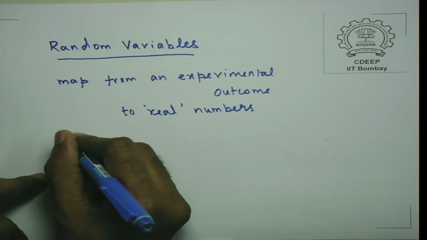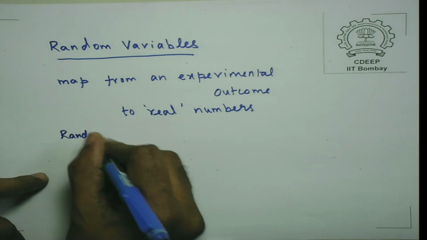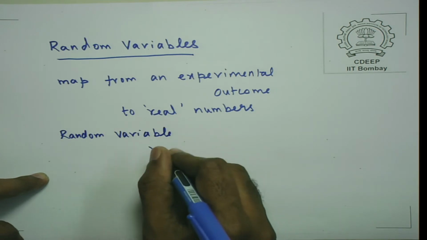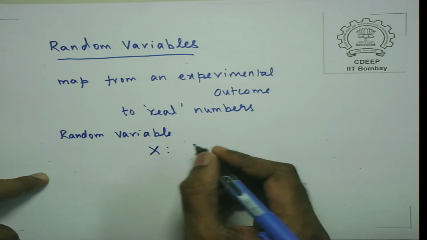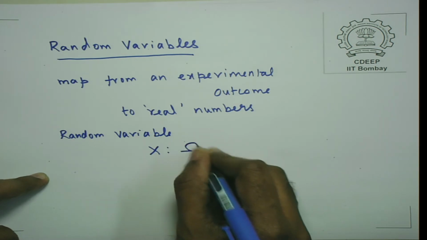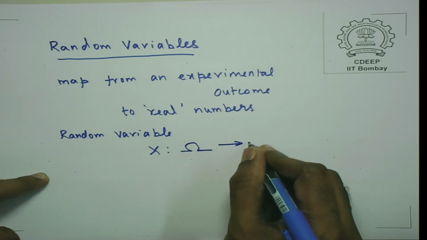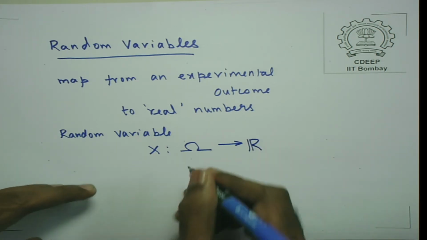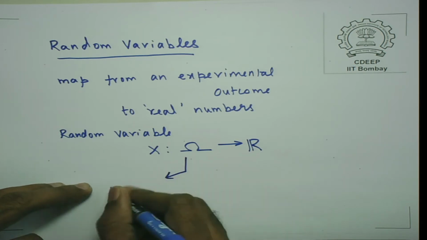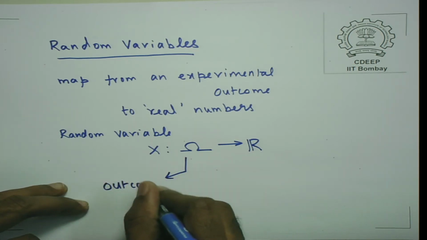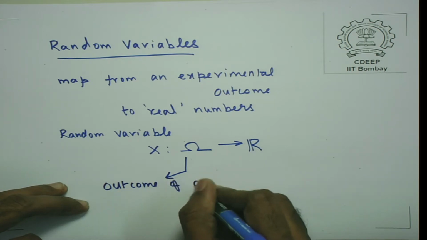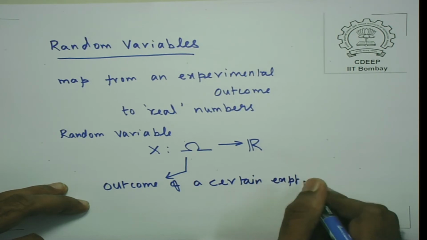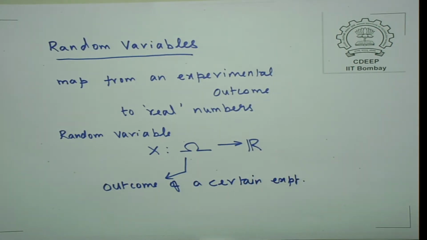So for example, a random variable x we will define as a mapping from some omega to set of real numbers, where this omega is outcome of a certain experiment.